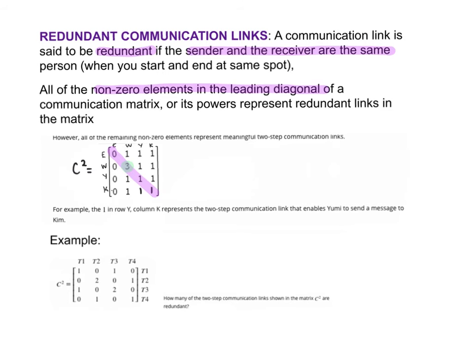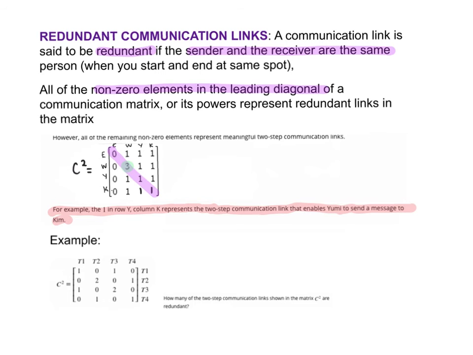All right. Down here, we've got an example where it says the one in row Y, column K, represents a 2-step communication link that enables Yummy to send to Kim.